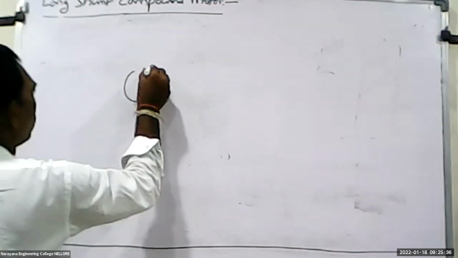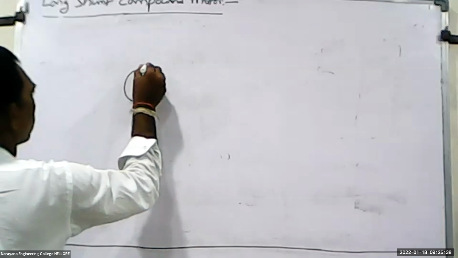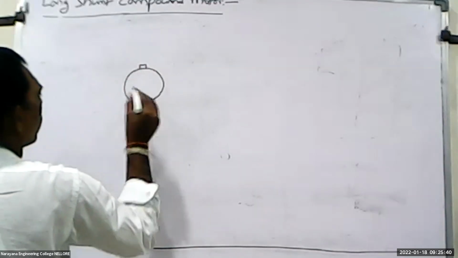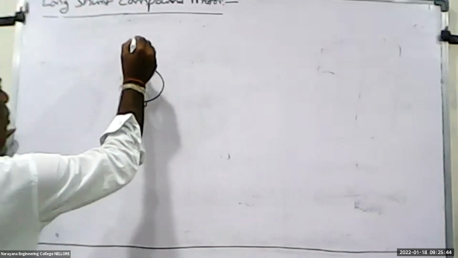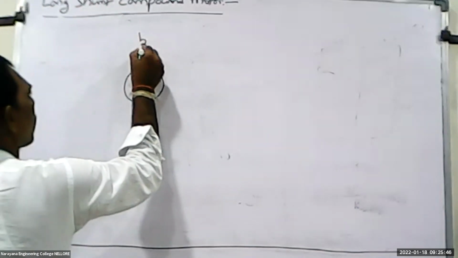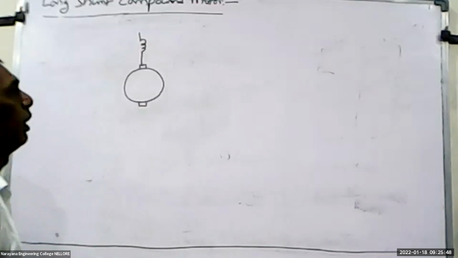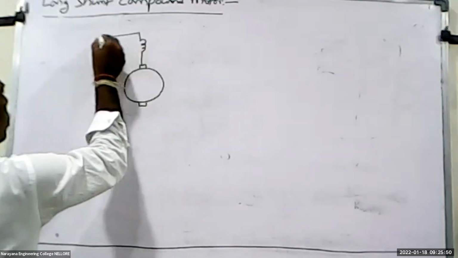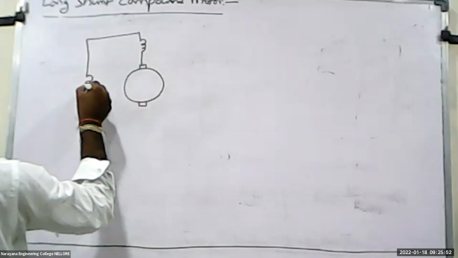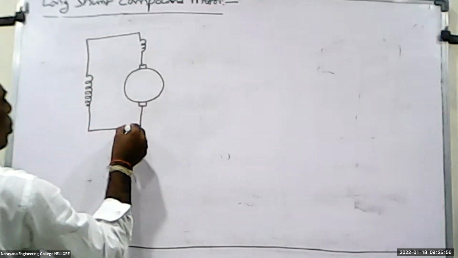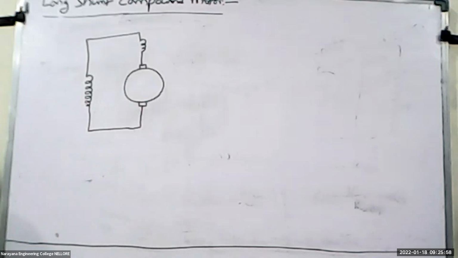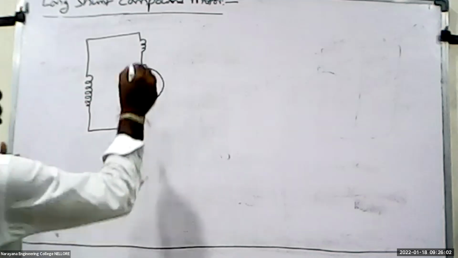First we have to assume the armature. Long means after series, you should remember simply. First we connect a series winding. Then after that we have to connect a shunt field winding across the armature. Then it is called a long shunt compound motor.